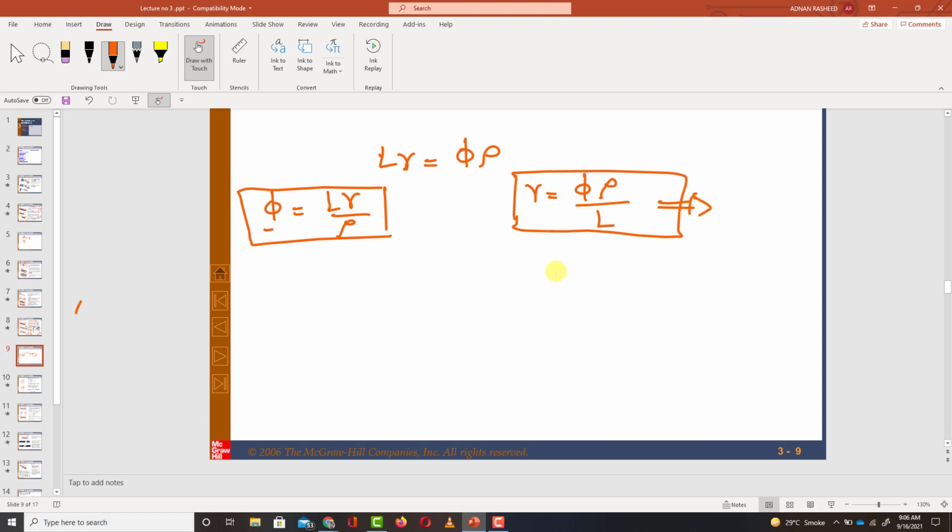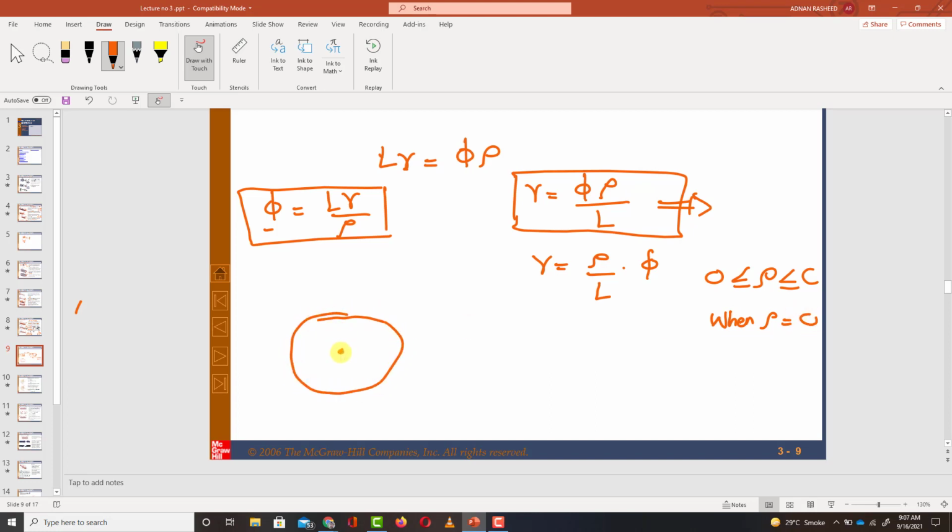Now in this formula, if I rewrite, we can say gamma is equal to rho over L into phi. Now rho is a variable radius. If you are talking about the whole shaft, rho starts from 0 and is less than or equal to radius C. When rho is equal to 0, it means the center of the shaft.